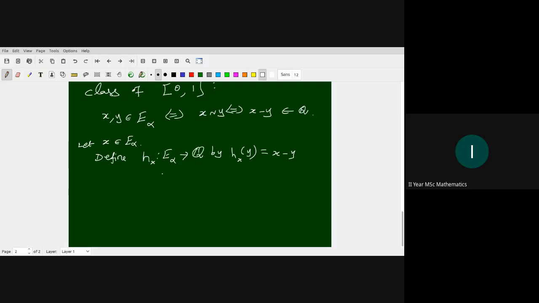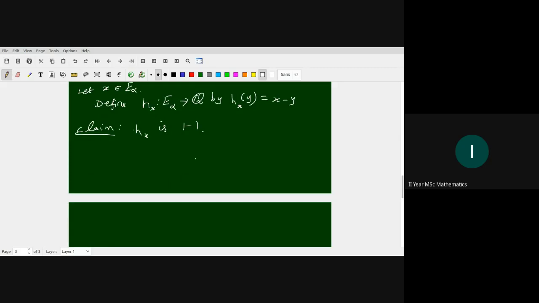Okay, if h_x is a one-one function, then E alpha is countable, right? Is h_x one-one? What is my claim? First claim: h_x is one-one. How can we prove it? Different elements will have different images, or if two elements have the same image, then the elements are the same. So let us take y1, y2 in E alpha such that h_x of y1 equals h_x of y2.